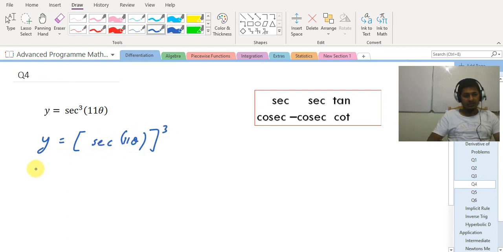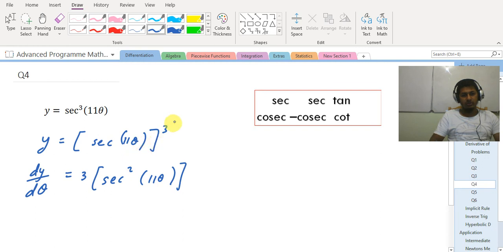You can say dy/dθ is equal to, differentiate this using chain rule, 3 sec squared 11θ, right? Well, I put the squared which was here inside here, so let me just take that out and write it on the outside. It's fine.